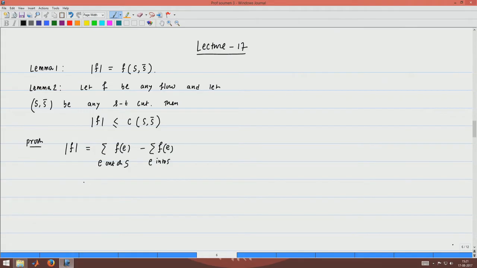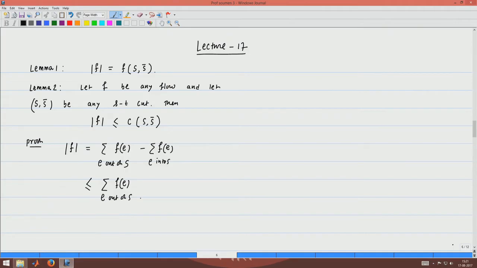Now, this second term is always a positive quantity, because a flow is positive as the capacity is positive. So, I can write that the flow value is less than or equal to the sum of f(e) for e out of S.